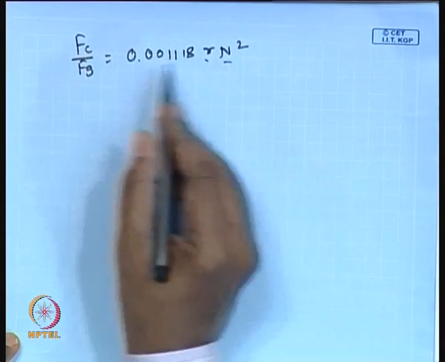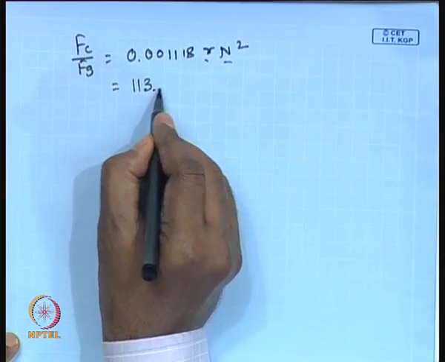Put the value of r, put the value of n, square of that. So, it turns out to be 130.6.